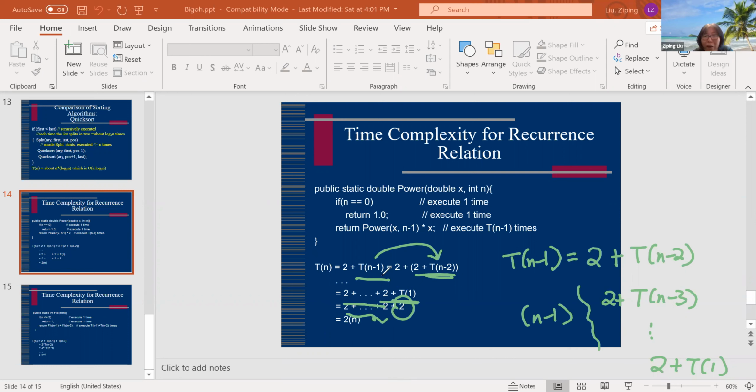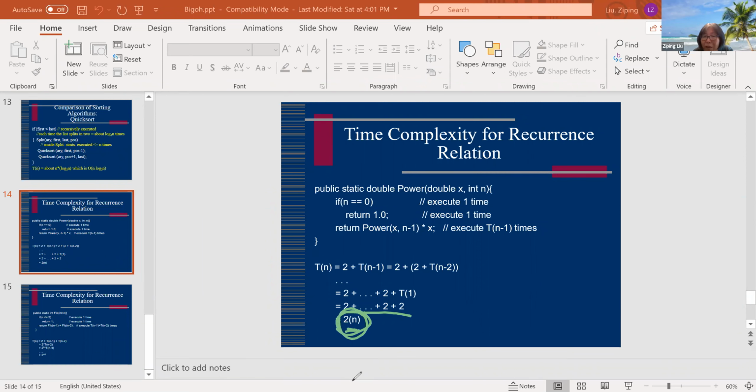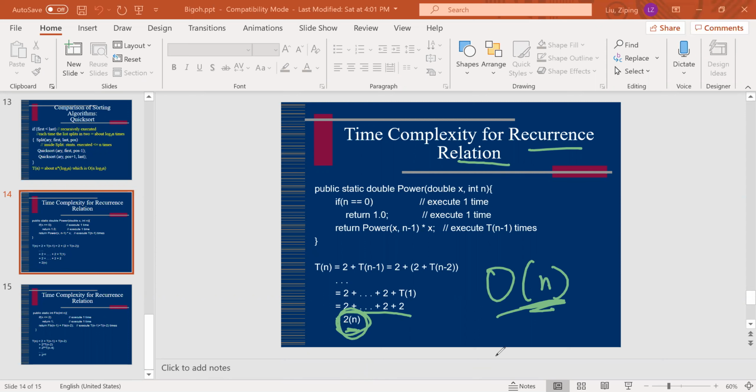We have n. That's how you come up with T(n) is 2n. So what is the order in the recurrence relation? It's order of n. So even with the recursive version of the power, it's also order of n.